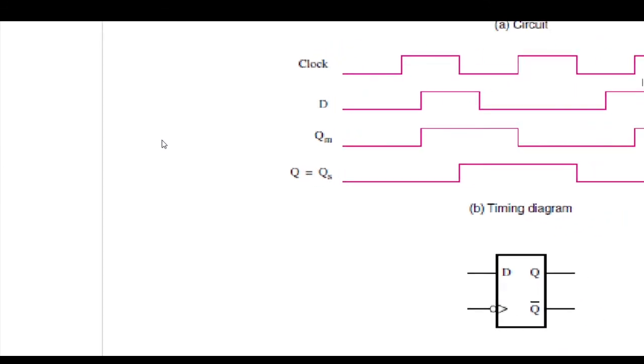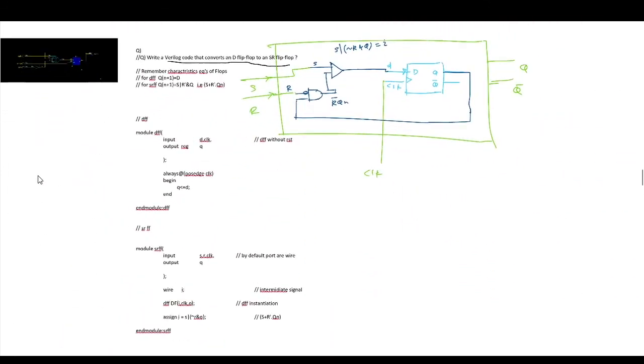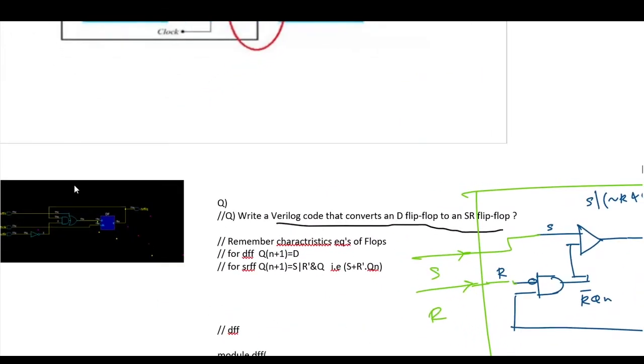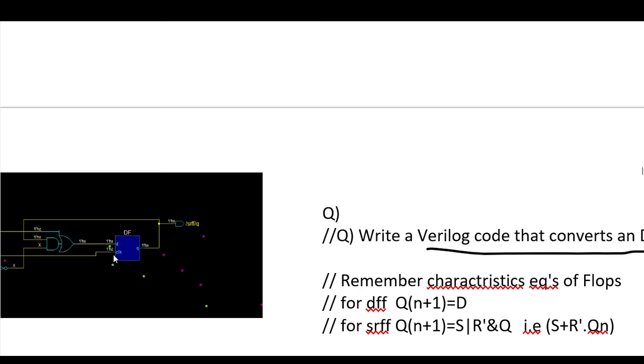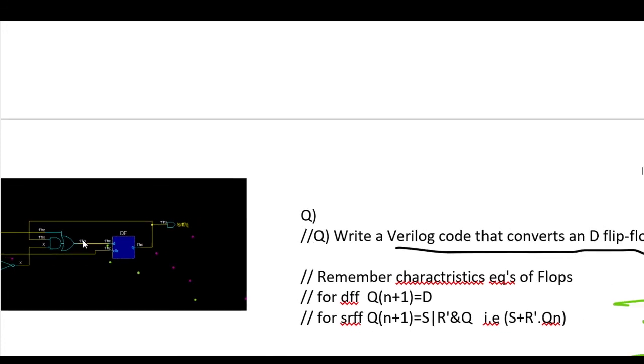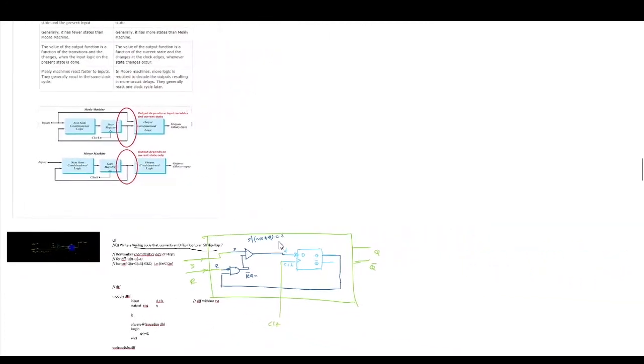Now see, the same we are getting, right? After synthesis, D flip-flop, and we are converting this to an XOR, OR gate, AND gate, and one NOT gate. Same diagram we will get after synthesis.